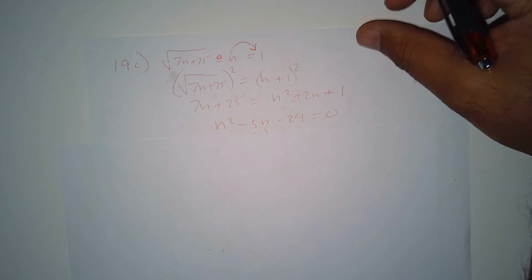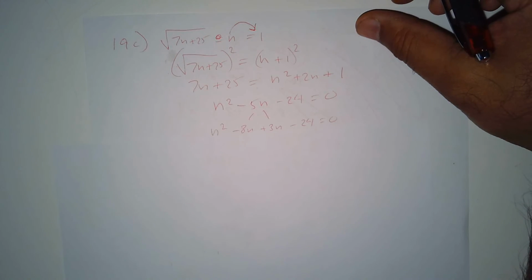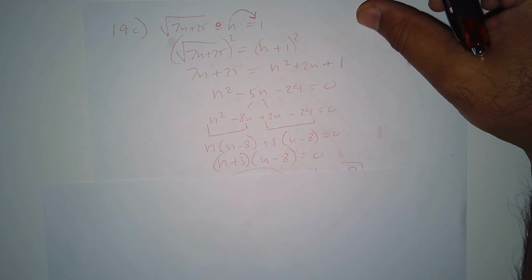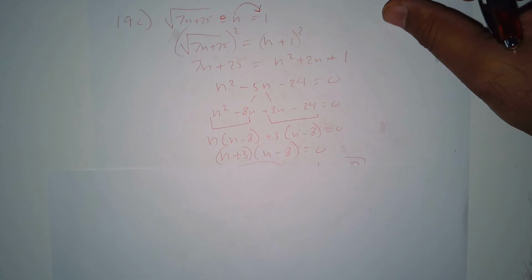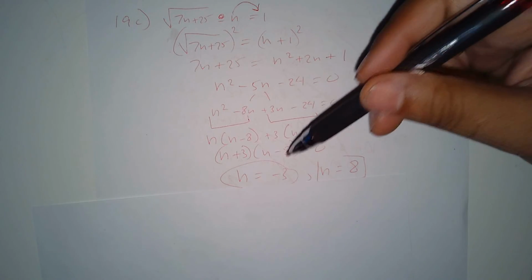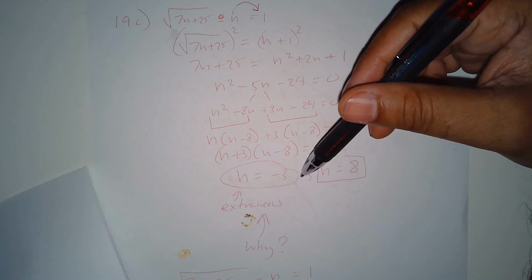Okay, put it all together, and then factor that, so we get n plus 3, n minus 8, and so your answer is n equals minus 3 or n equals 8. So again, another one of those questions where you've got an extraneous root with the minus 3.